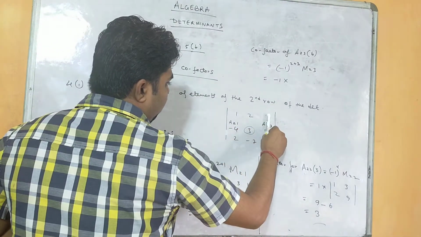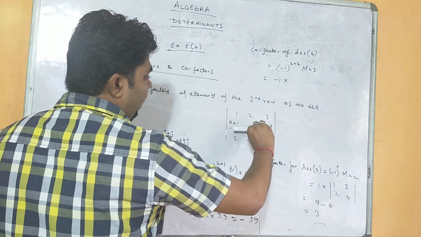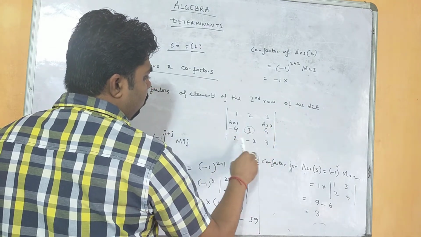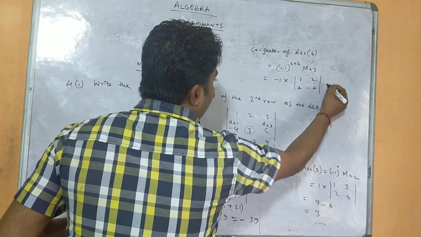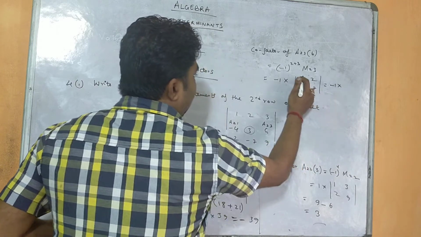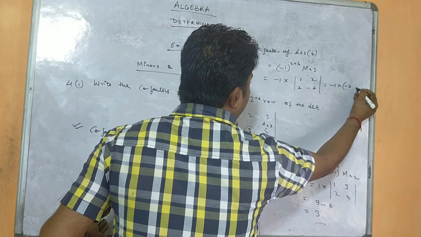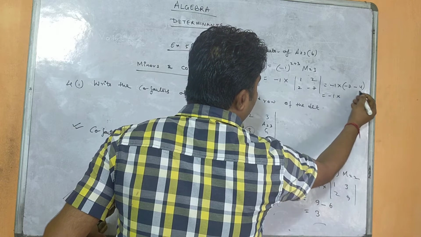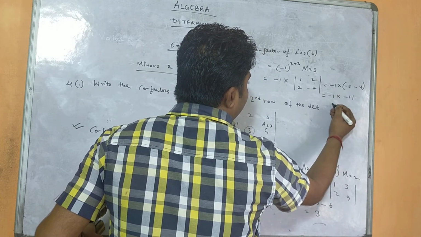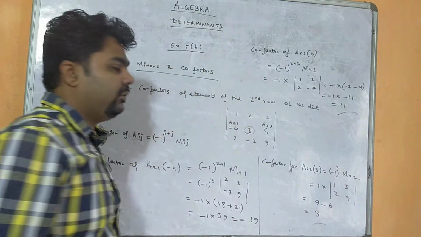When you hide the corresponding column and row, you will get 1 2, 2 minus 7. When you solve this, you will get minus 7 minus 4, that is minus 1 times minus 11, minus minus plus 11. So 11 is the answer.